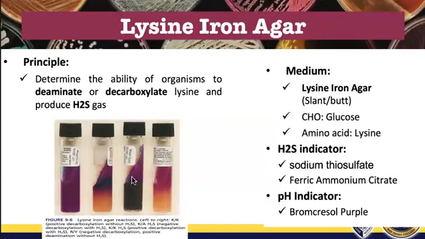So they have different pH requirements in the two culture media. In TSI, the mass production of hydrogen sulfide occurs in an acidic environment, whereas in LIA, the mass production of H2S usually occurs in an alkaline environment. Okay? So the reporting is still positive decarboxylation.